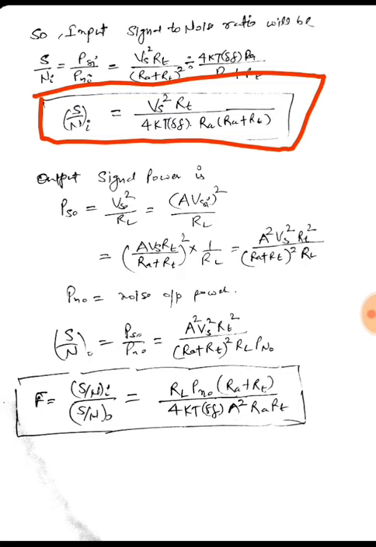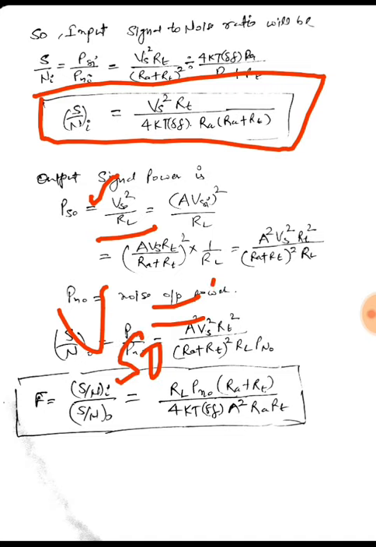So at the output, the power of the signal can be calculated as Vso square upon RL, as RL is the output resistance and Vso is the signal voltage at the output. As we are using an amplification factor A, Vso would be equal to A Vsi.